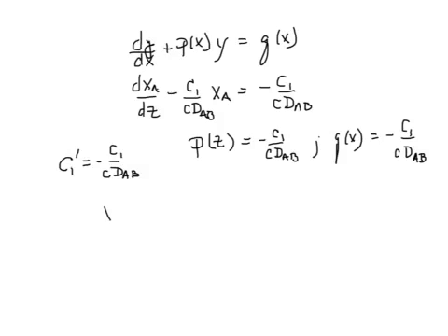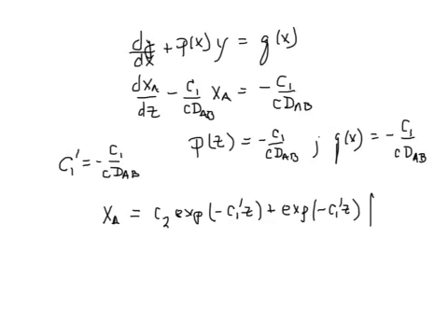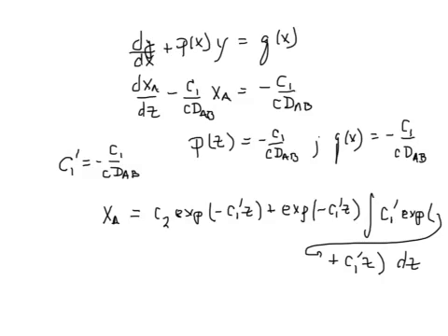So the solution then, from our Shams book that we've highlighted, is a new integration constant that we'll call C2 times exp of minus C1 prime Z. And then we have the non-homogeneous term, and exp of minus C1 prime Z times the integral of C1 prime times the exponential of plus C1 prime Z, and that's all integrated with respect to Z. And again, that integration is done indefinitely.